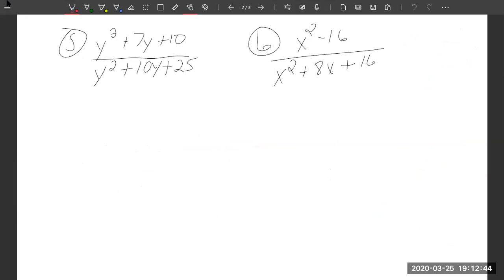Number 5, they're both trinomials. Luckily, they're easy trinomials. All right, the top one, factors of 10 that add up to be 7 are 5 and 2.